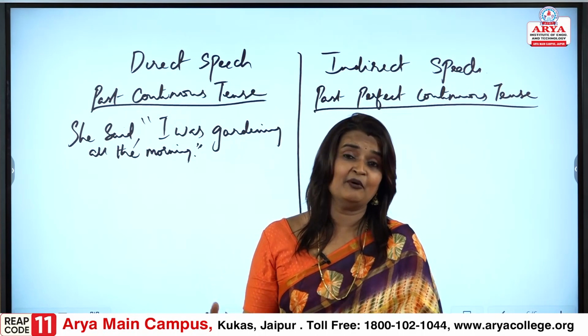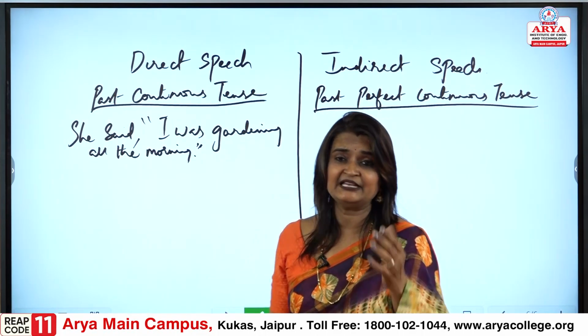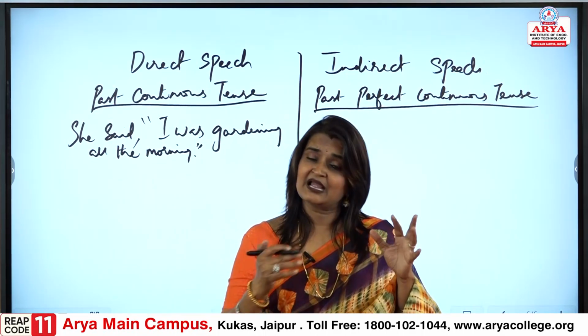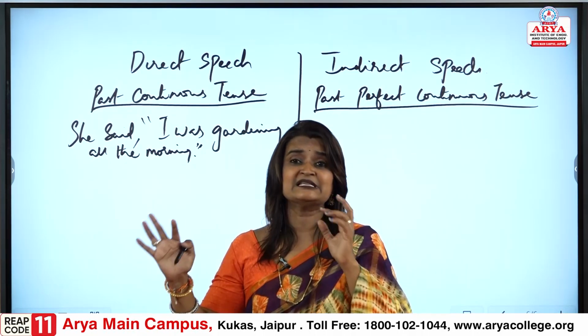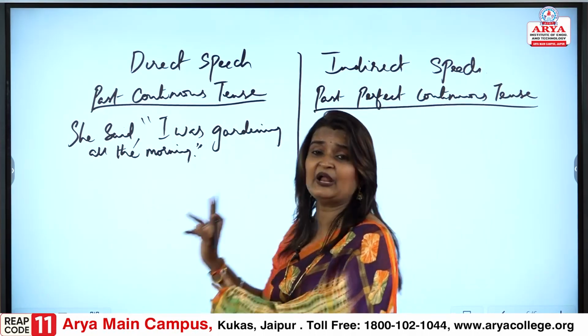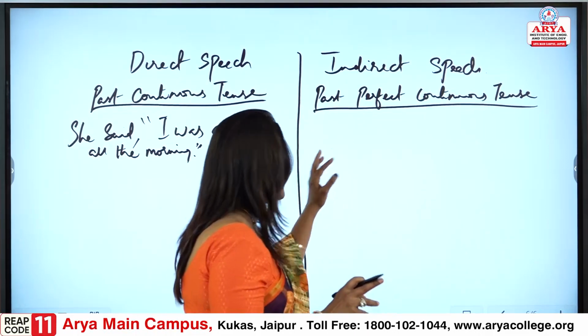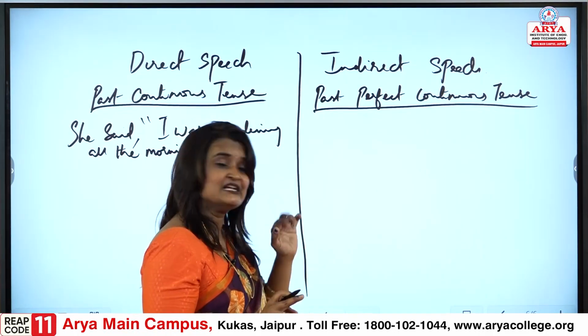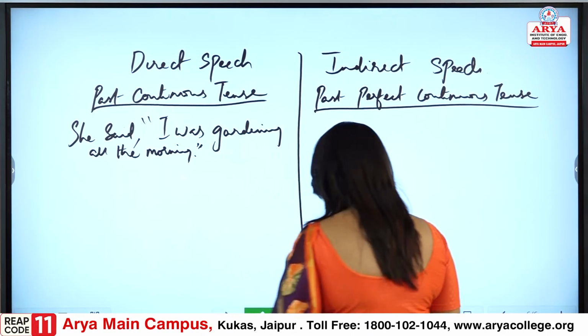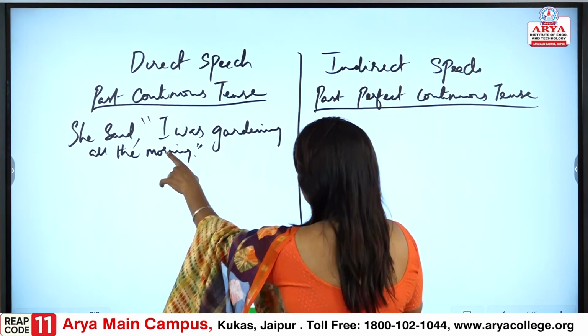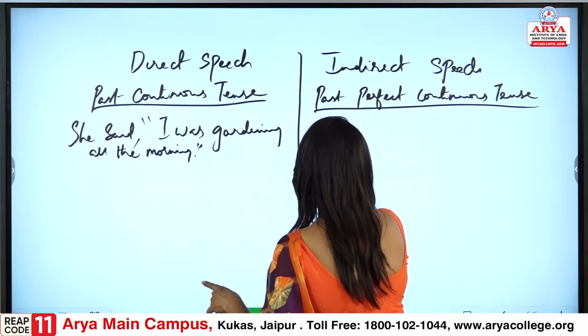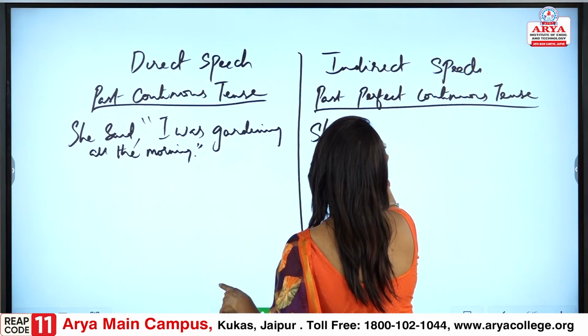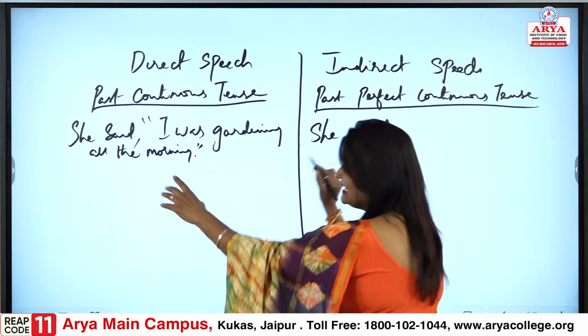Might be early morning that she started, and it is a continuous tense in the past, the whole morning that she was gardening. Now, how would we convert this into past perfect continuous? She said remains the same.